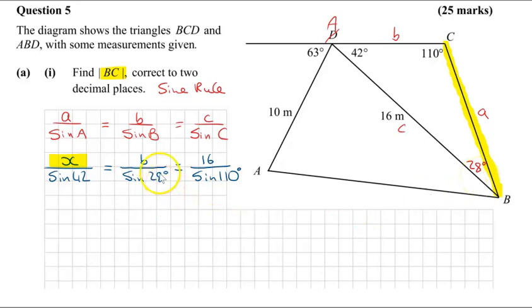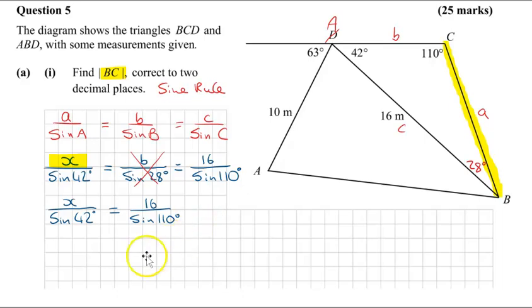So we can replace the capital B there with 28. Even though we now know sine 28 degrees, we still don't know that lowercase b. So we actually can't use this ratio at all. So we can cross this one off. But the 28 degrees is going to be useful later on. So we have X over sine 42 is equal to 16 over sine 110.